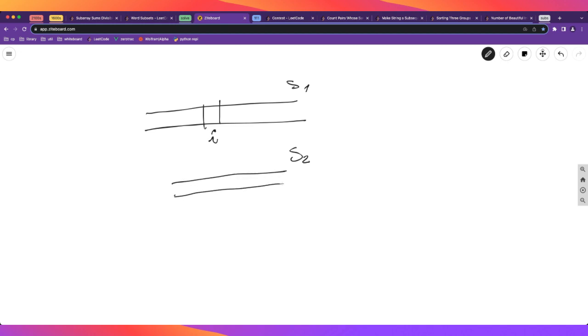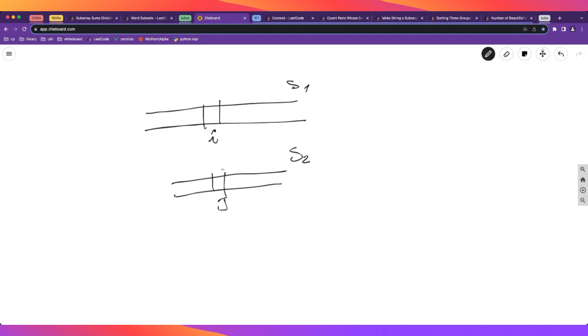So again, we are considering the ith position in string 1. So this is string 1 and this is string 2, and we're considering here the jth position.